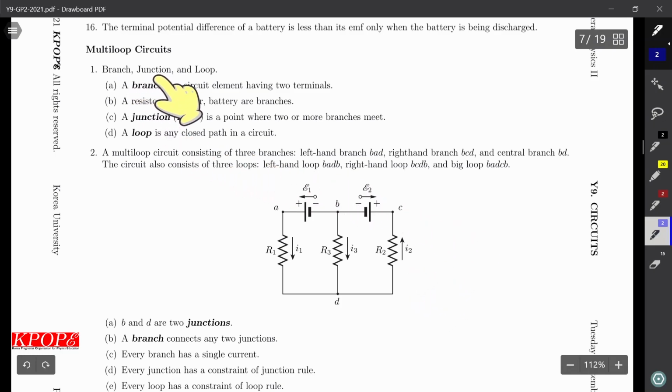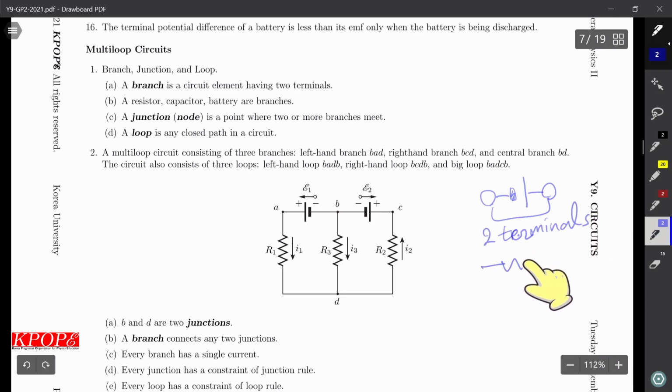Branch, junction, and loop. A branch is a circuit element having two terminals. An EMF device is a branch because there are two terminals. A resistor has two terminals.